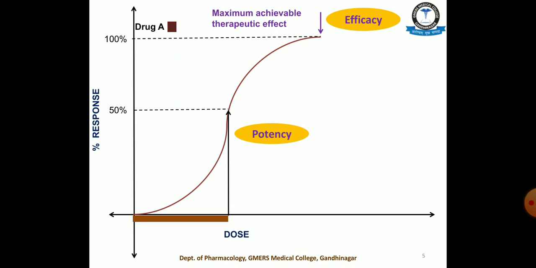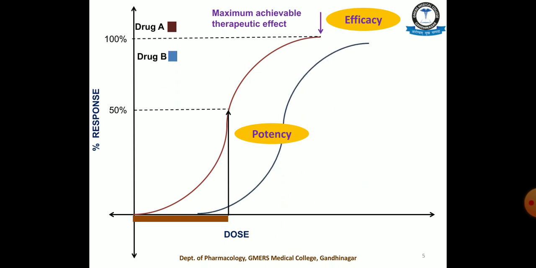But if I just say that this drug is more potent, does it give any clear understanding? Your answer will be no. But if I say that this drug is more potent than this, then it is somewhat more useful. Then we will see this with an example.